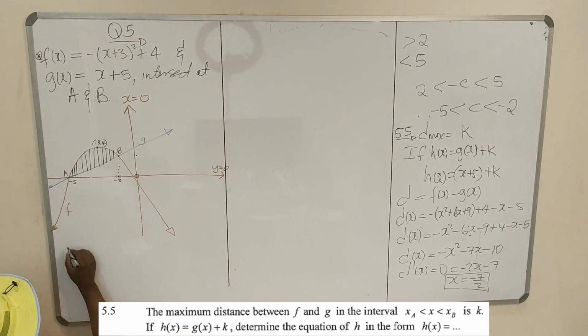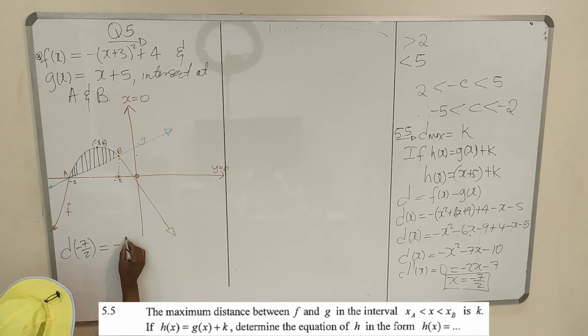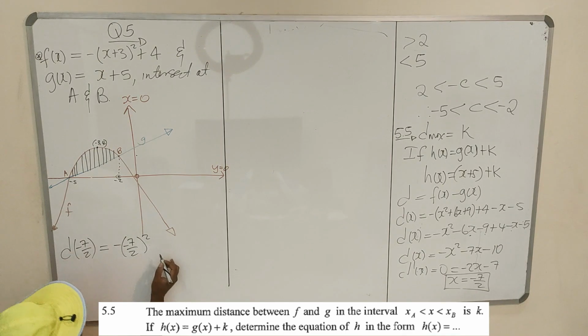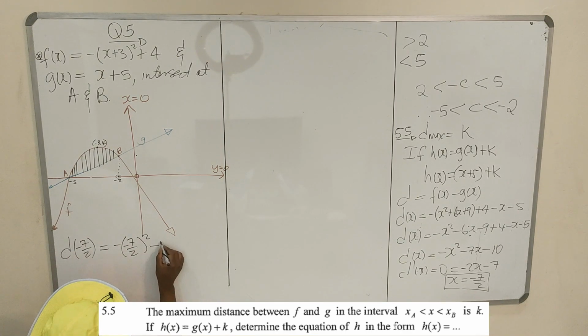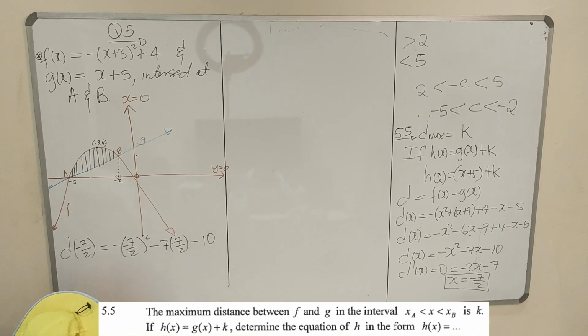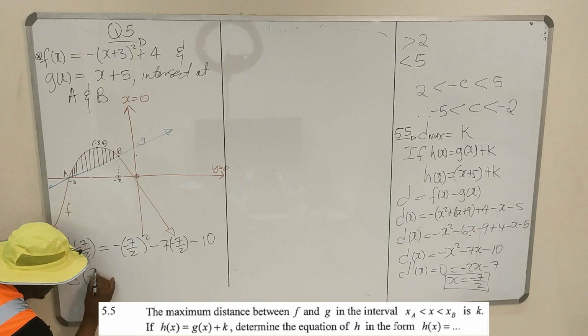So the maximum distance should be at minus 7 over 2. d of minus 7 over 2 is equal to negative minus 7 over 2 all squared, minus 7 into minus 7 over 2, minus 10. What is the answer to this? So this is the maximum distance.